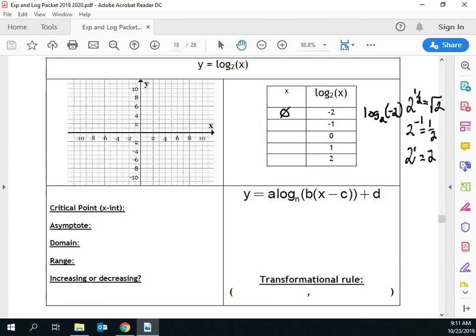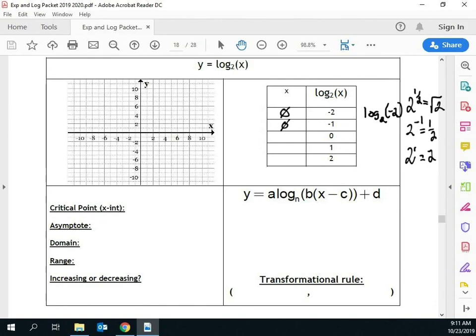Be careful with negative 1, though, okay? What power can I raise negative 1 up to get negative 1? Still nothing, again. I mean, granted, you're right. Oh, I'm sorry. We'd have to raise 2 up to get negative 1. What power do you have to raise 2 to, to get negative 1?